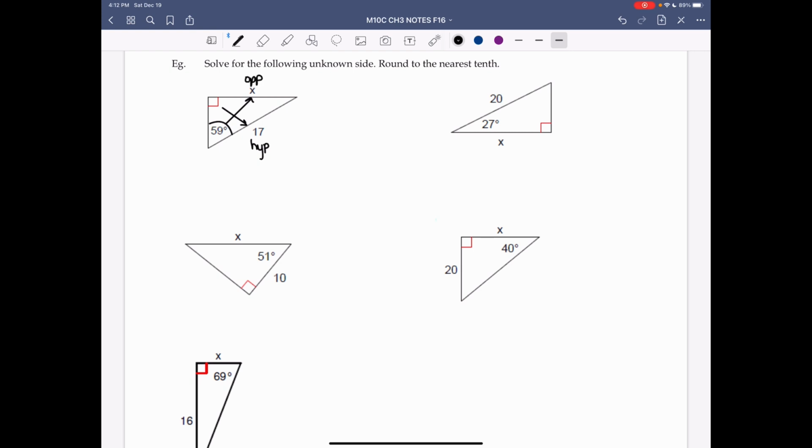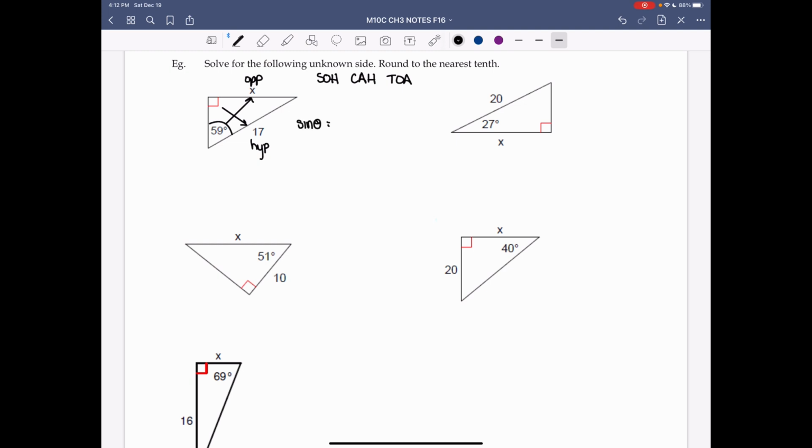Then you're going to decide which trig function to use based on those two sides that you labeled. So which trig function has opposite and hypotenuse? We can write out our SOHCAHTOA. Which one has opposite and hypotenuse? That would be sine. So we're going to use sine for the first question.